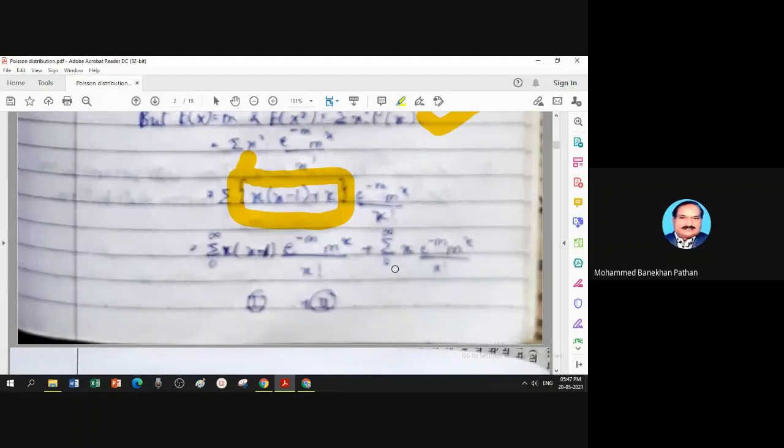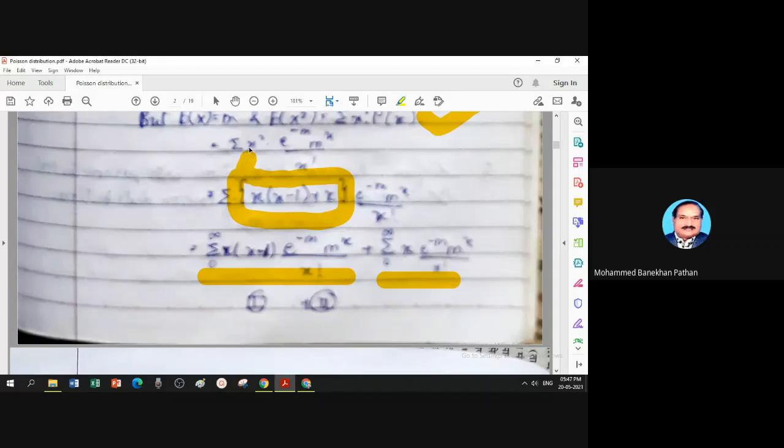Now what I did, I multiply this function for the first term, and you get this much quantity. Plus x multiplied with the summation, the second quantity.